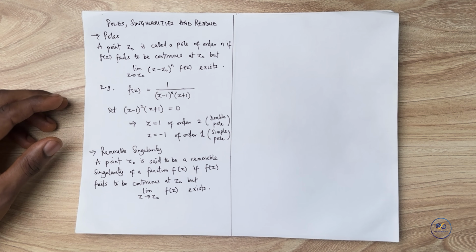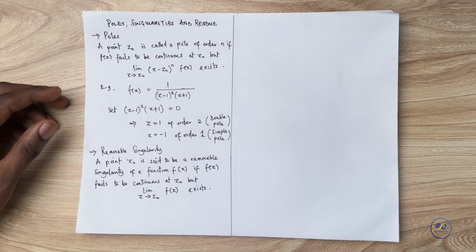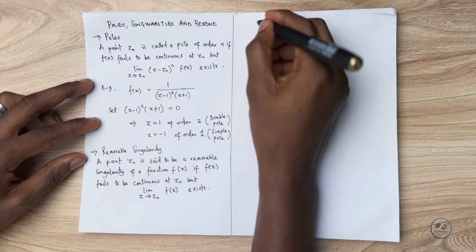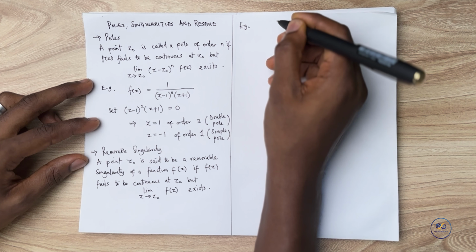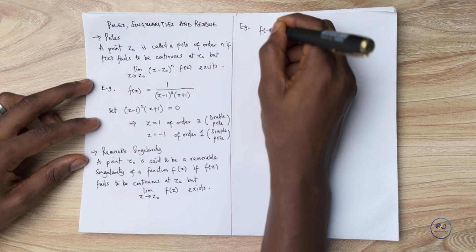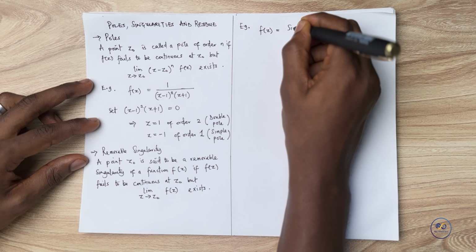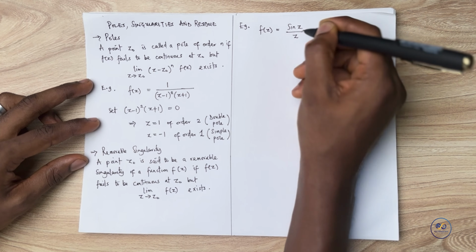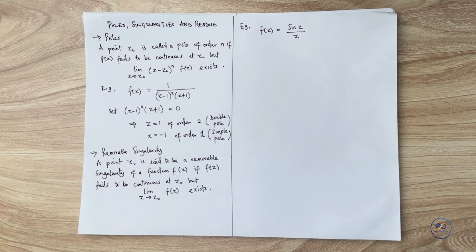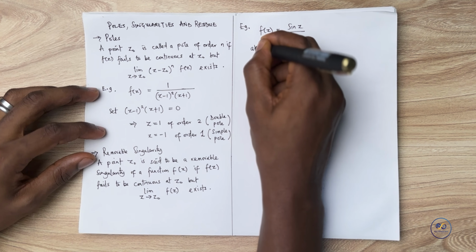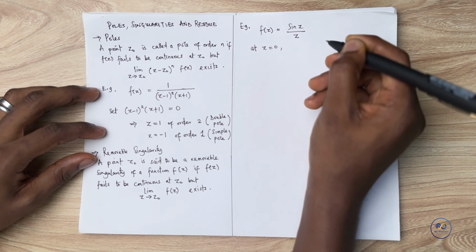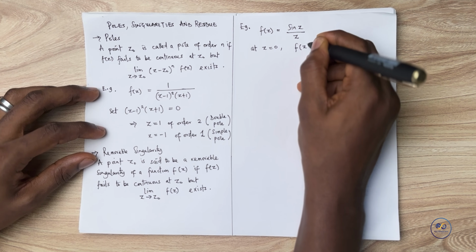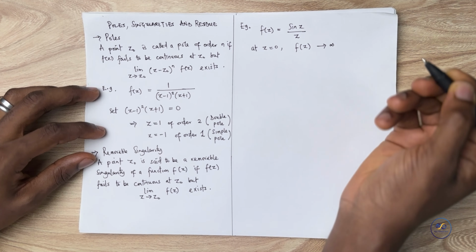Now, what exactly does that mean, or how exactly can we paint that picture? We can simply talk about an example of the form f of z equals sine z divided by z. Now, if we have this representation, we would notice that at z equal to 0, f of z will be undefined, right?